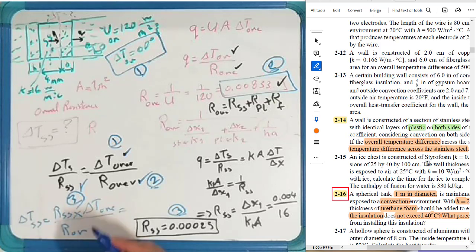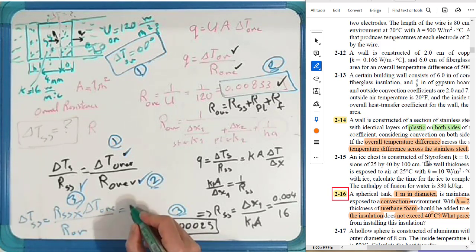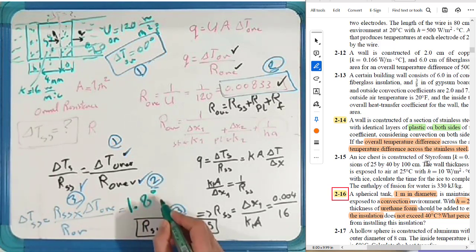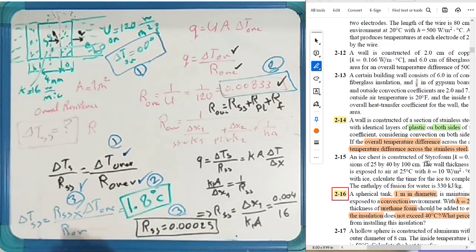When I put these three parameters into this formula, delta T for stainless steel would be 0.58 degrees Celsius. This is the answer of the problem. Thank you.